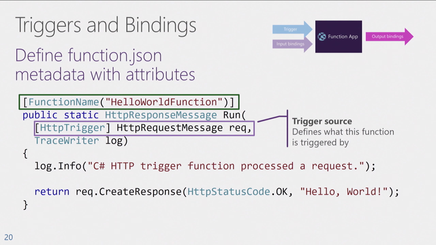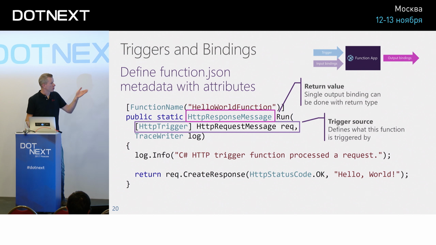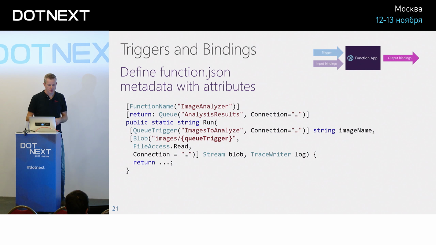The attribute at the beginning says this is a trigger, because when you're programming in Visual Studio, you don't have the function JSON file. You're not building or editing the function JSON yourself. You'll have the tooling do that for you, but this is your way to indicate what needs to be in that file. And for your output value, the HTTP response message, since this is a clearly well-defined output, this will just work. You don't need anything special there. That's only if you have one output, then you can use the return value.